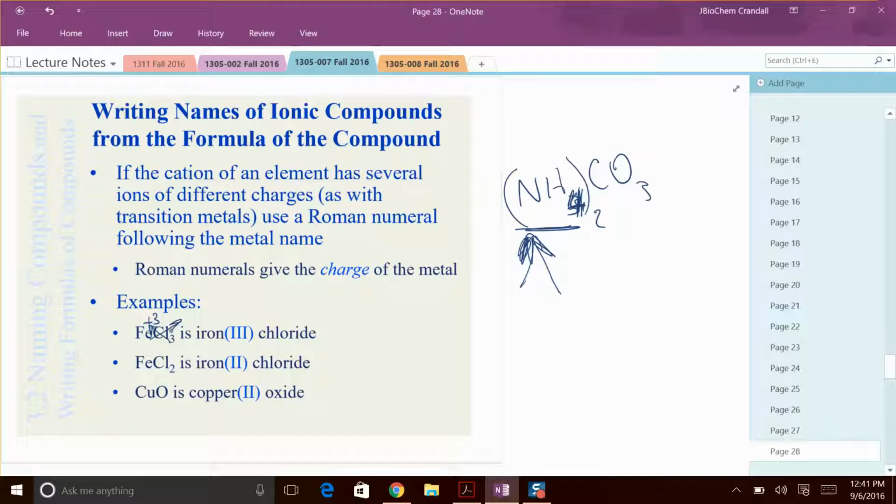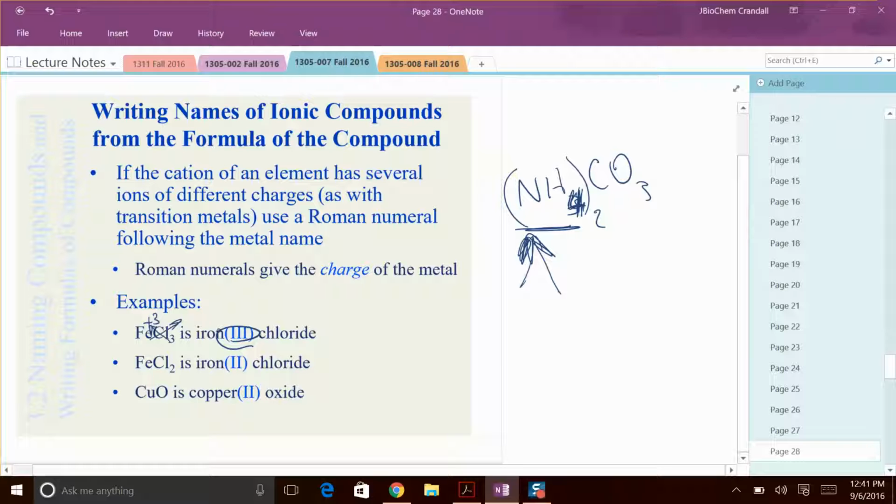So if you have 2 subscripts, you can always be certain that switching those will work. But if there is only 1 subscript or no subscripts, then you have to determine the charges from the elements that are there. So this is iron 3. What does that 3 represent?